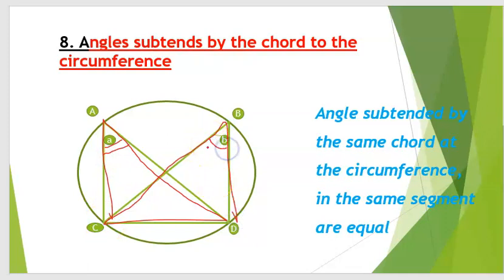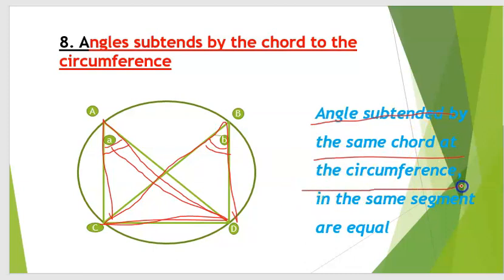So in short, angle A is equal to angle B, reason being they are subtended by the same chord to the circumference. Always, angles subtended by the same chord at the circumference in the same segment are equal.